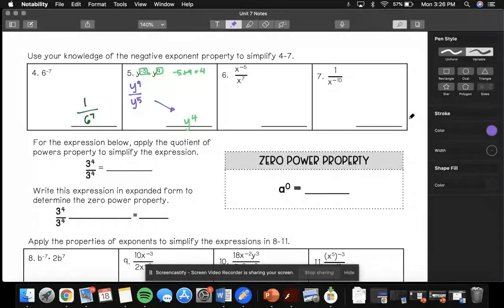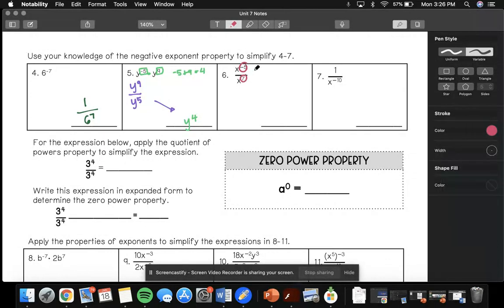All right. Now this next problem, we have y to the negative 5th over x to the 7th. Again, I'm going to show you 2 different ways, and then you can pick which way your brain works. I notice that we're dividing exponents, so that means I can subtract them.